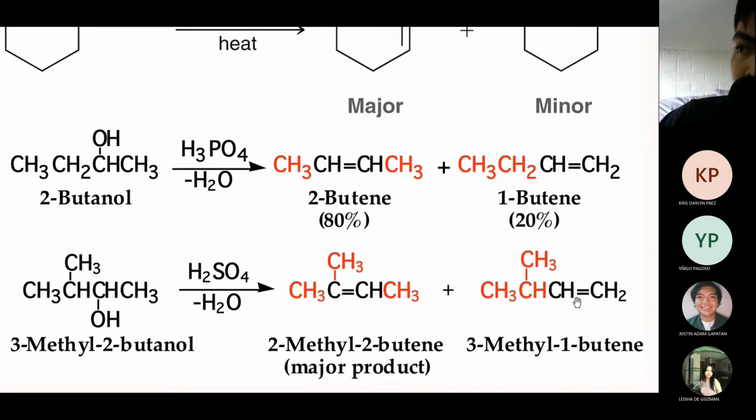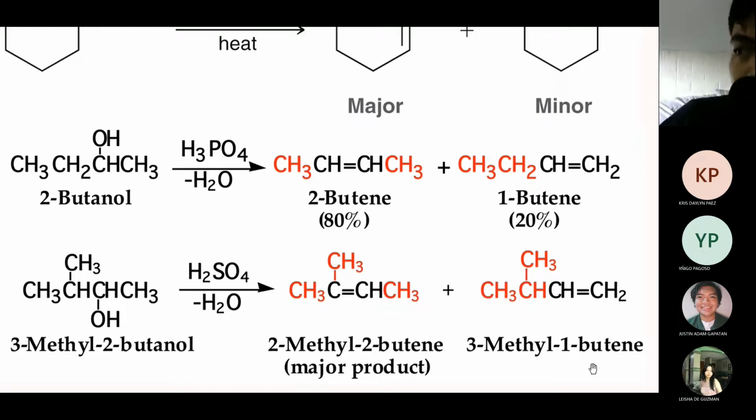So ilang carbons nakadugtong dyan? Isa lang. Yung nakadugtong mismo, ha? Hindi kasama yung dalawang yun. Dapat din naka-highlight yun. So, isa lang yung carbon connected to your alkene. So, minor product yan. But this one, this is major kasi ilang carbons yung directly connected to the alkene? Tatlo. Isa, dalawa, tatlo. Okay?